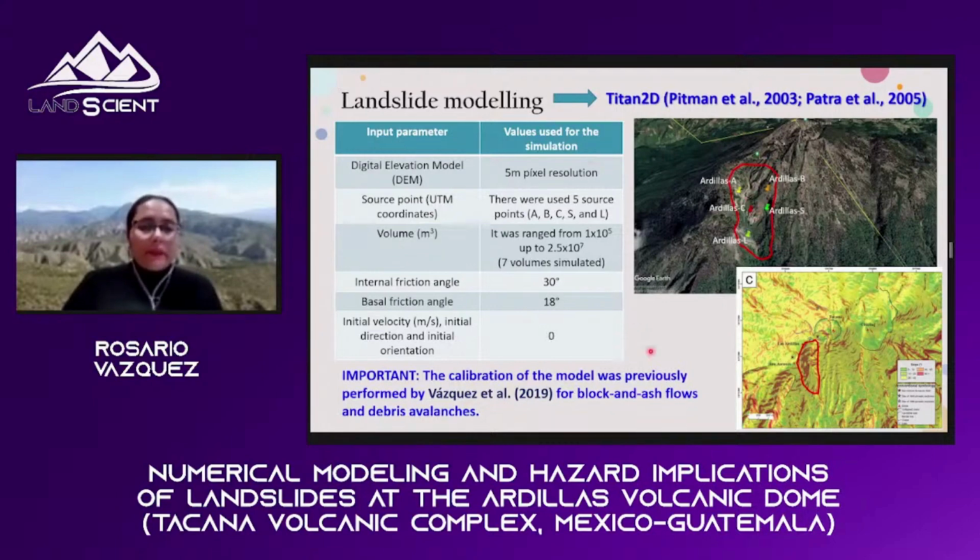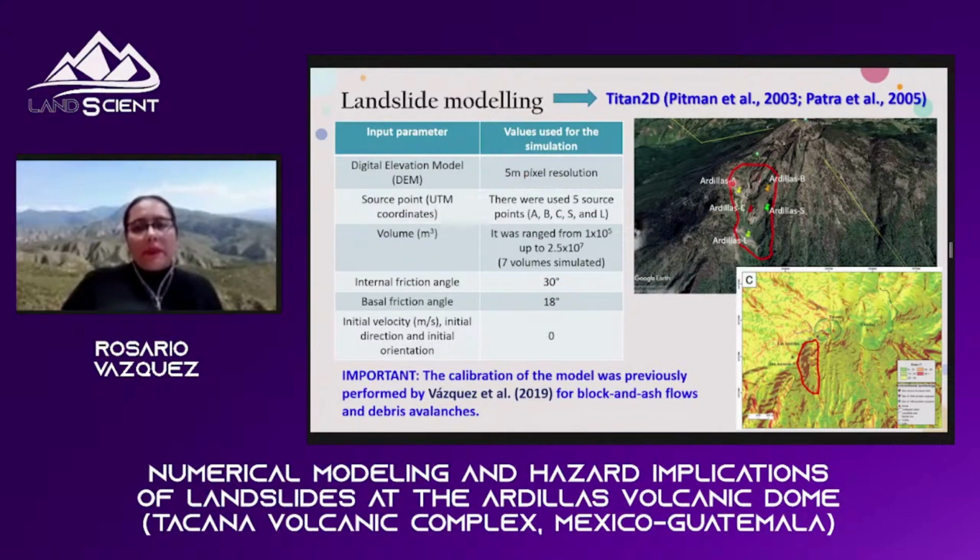So first, what we did was perform a sensitivity analysis in which we used a digital elevation model as input, with 5 meter pixel resolution.